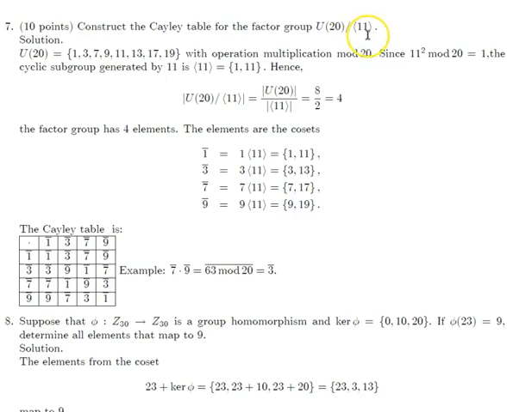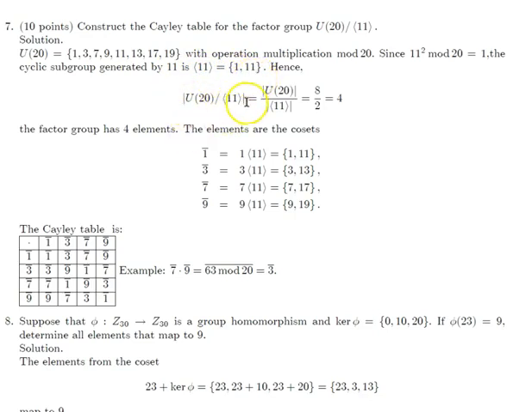The subgroup generated by 11 consists of all powers of 11. Since 11 squared mod 20 is 1, we have only 2 different powers of 11 in this group U20. So the subgroup generated by 11 consists of these two numbers.